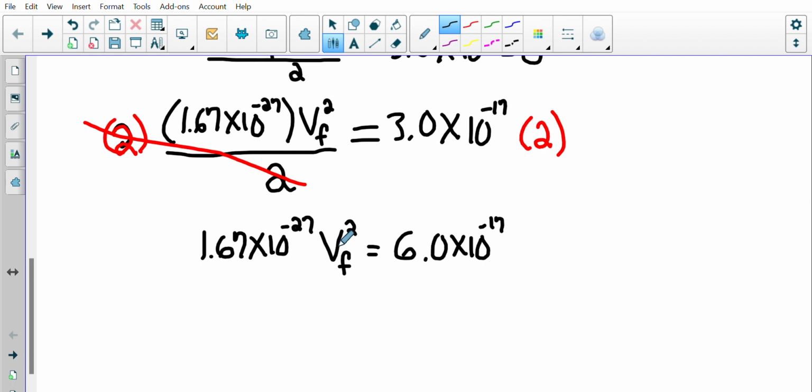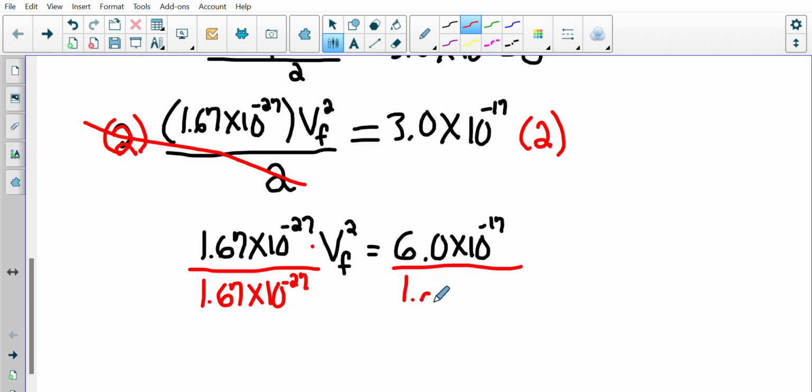Now, because I want to get VF by itself, I'm going to divide both sides by 1.67 times 10 to the power of negative 27. And again, when I do it on one side, I have to do it on the other. So those divide each other out, and we get VF squared.